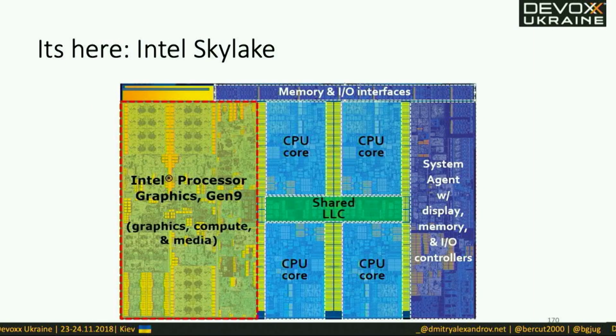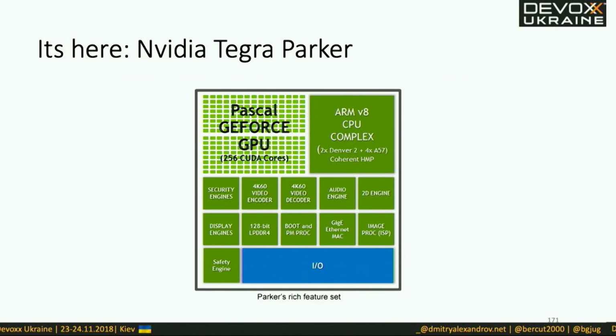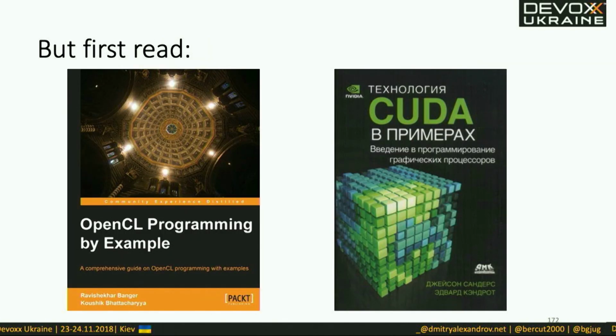Even on this machine, which is one of the latest Macs, almost a third of the processor is a built-in graphics processor, Intel graphics. So you're able to use it. And even on smaller devices, like your mobile phones, you still have an array of devices which can be run by CUDA.